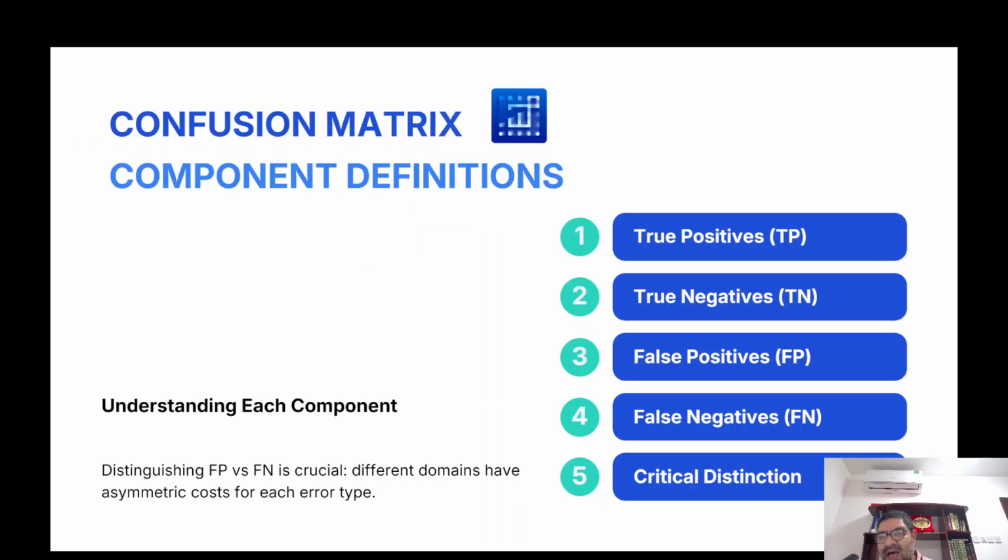It should be done after these terms are explained. True positive TP, true negative TN, false positive FP, and false negative FN. We have to give a distinction between them and what kind of impact these are having.